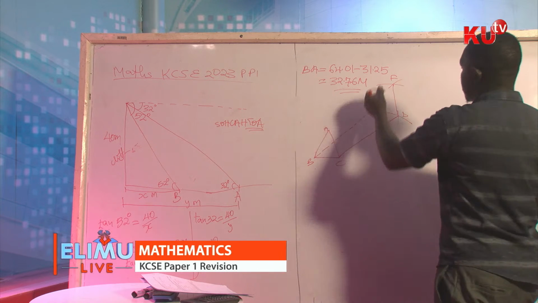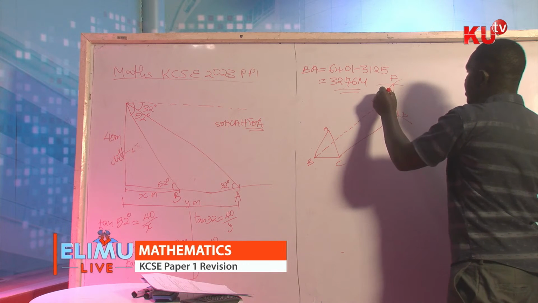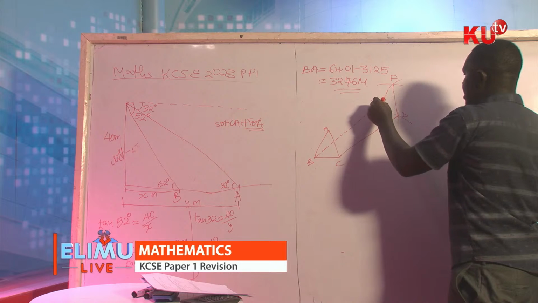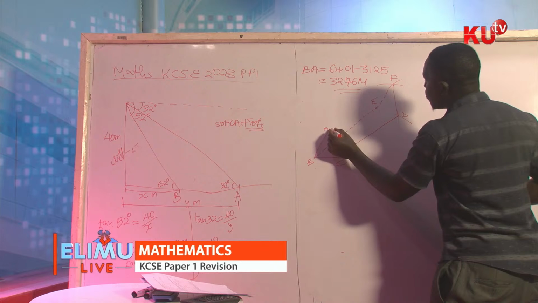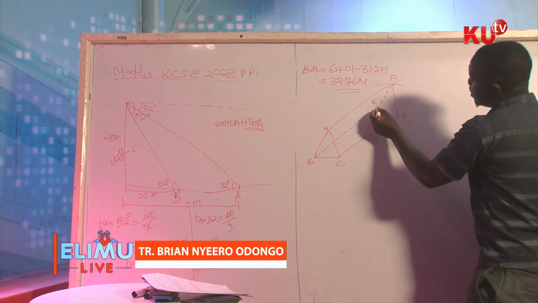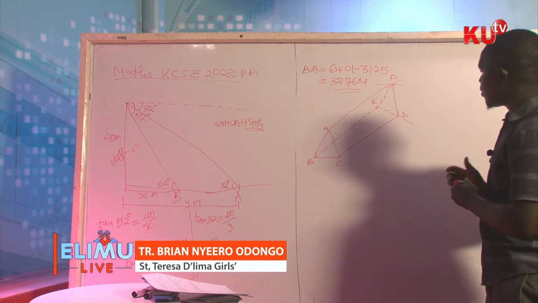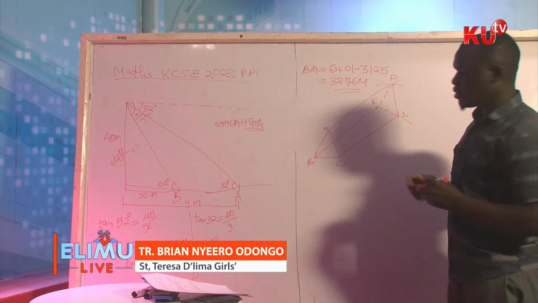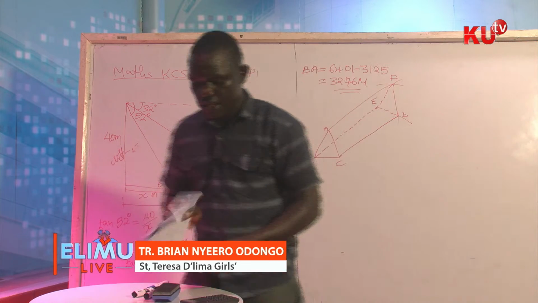It's visible. EF is invisible, so it's dotted, it's hidden. Then AF will be a complete line, like that. Then this one here will also be a dotted line. So that is how you are to answer that question. Make sure you are accurate in your drawing, dear students.